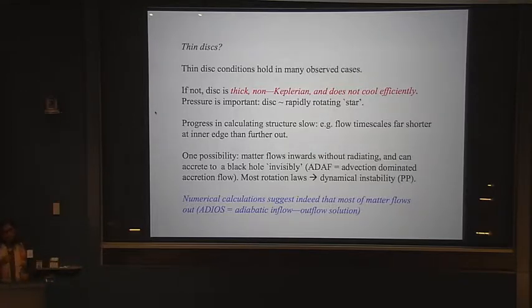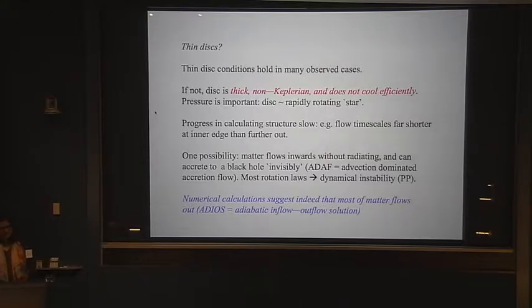So one interesting possibility is cases for which there is a class of analytic solutions, and I will just be showing you what the solution is. We're not going to derive that. Okay? This is the case where you have an advection-dominated accretion flow.